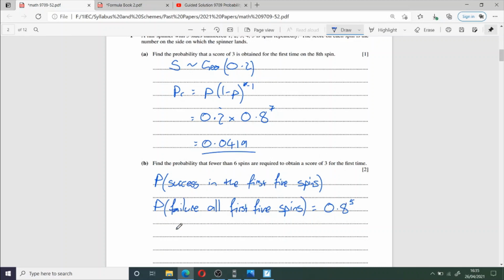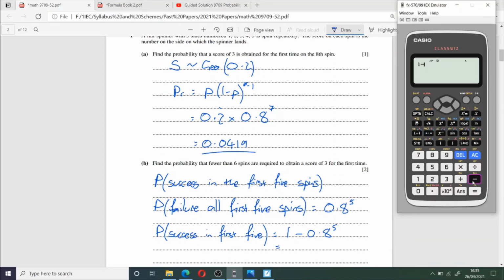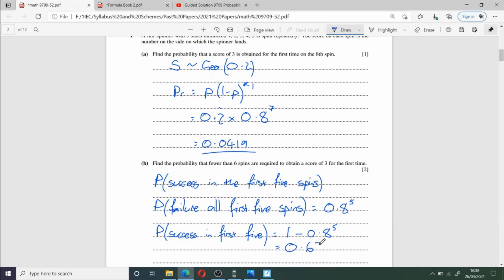So the probability of success in the first 5 is simply 1 minus 0.8 to the power of 5. So let's do that. 1 minus 0.8 to the power of 5 is 0.672 to 3 significant figures.